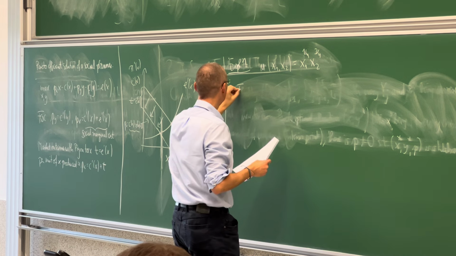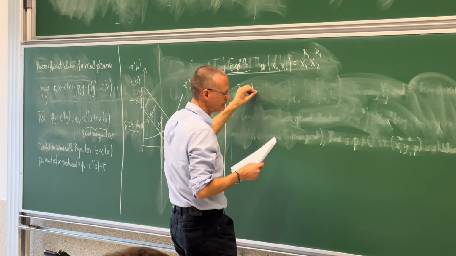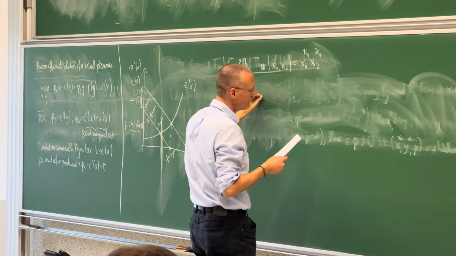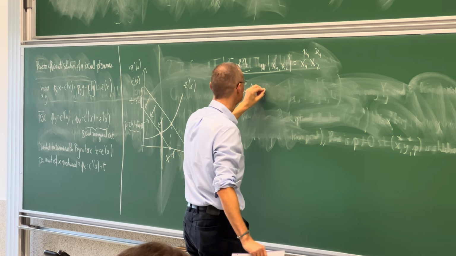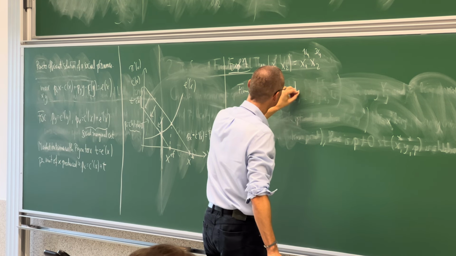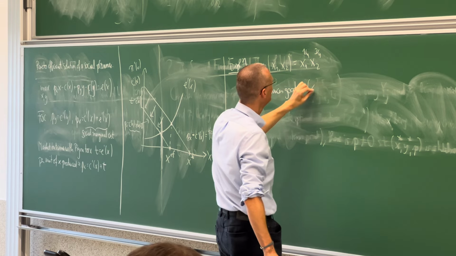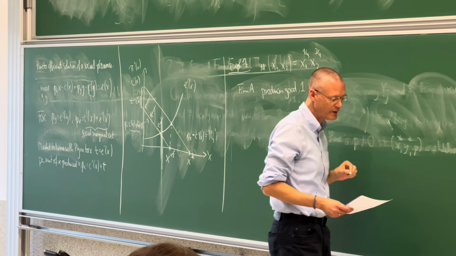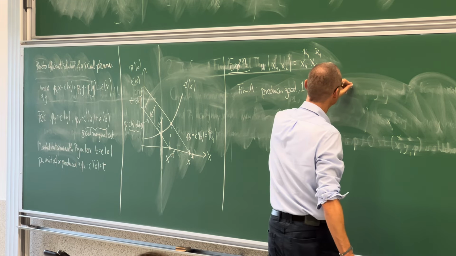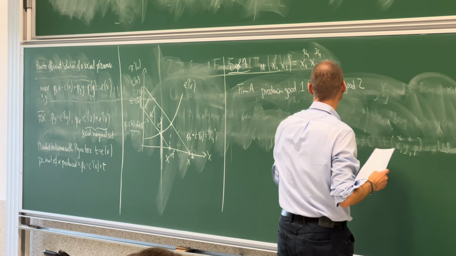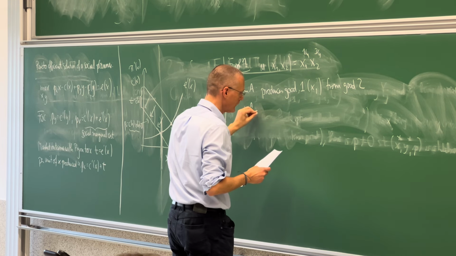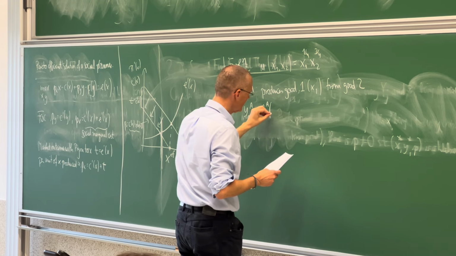Then we have firm A. Firm A produces good 1 from good 2, which will be the consumption X1 for the consumer, from good 2, according to the function y1a.